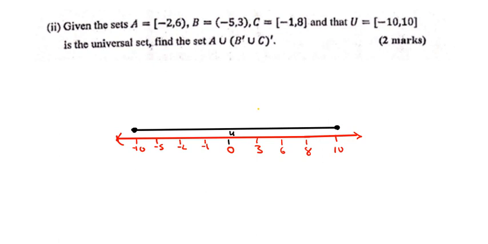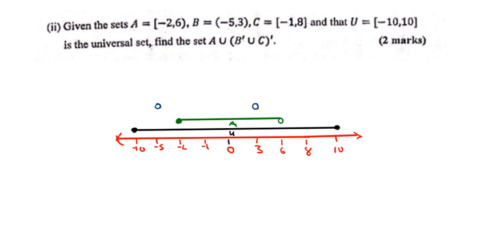Then A will be negative 2 and 6. So 2 is closed like that, then 6 is open like that, right? Yes. Okay, so that will be our A. Then our B is open on both sides from negative 5 to 3.